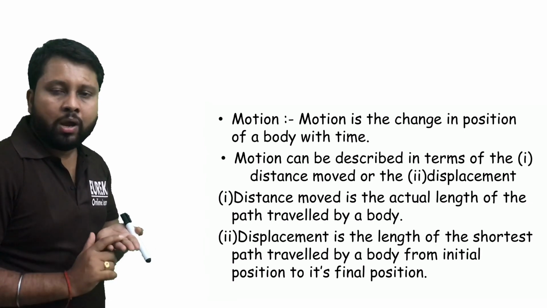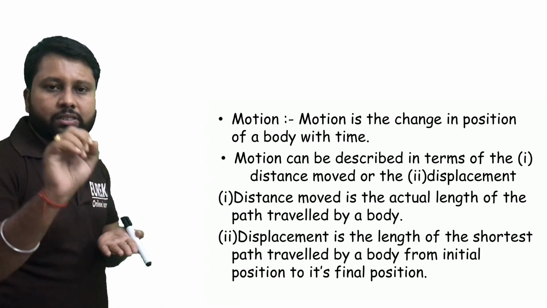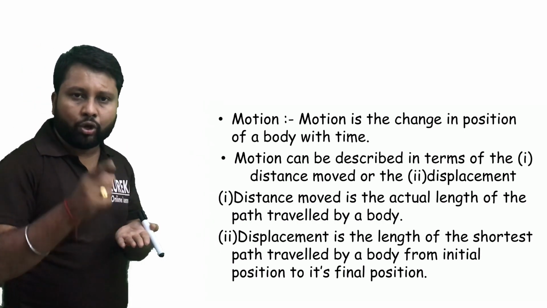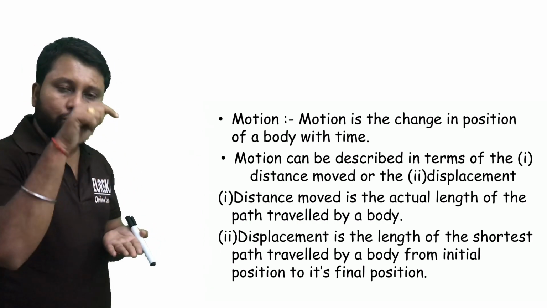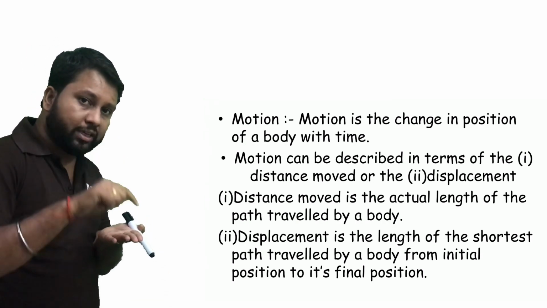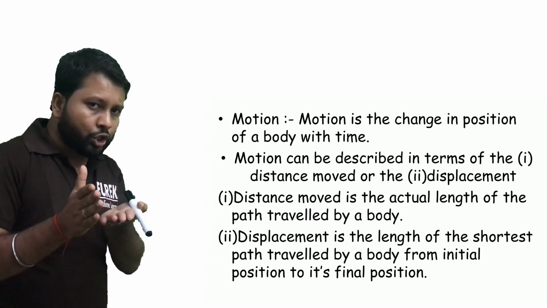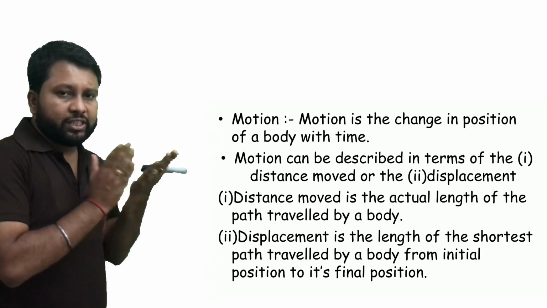Why will it be 0? Because the difference between the final and initial position will be 0. You started your journey from your home and now you are at your home. So the displacement is 0. You might have understood the difference between distance and displacement.